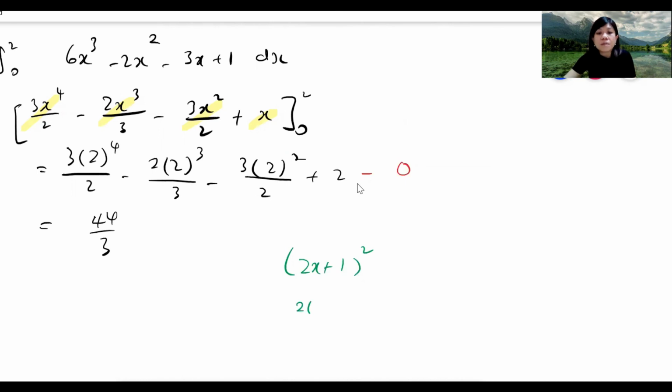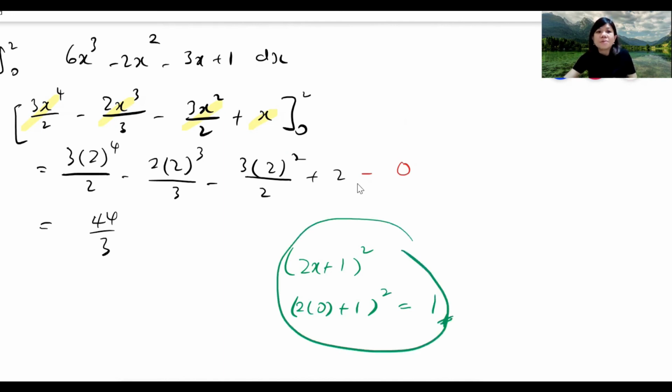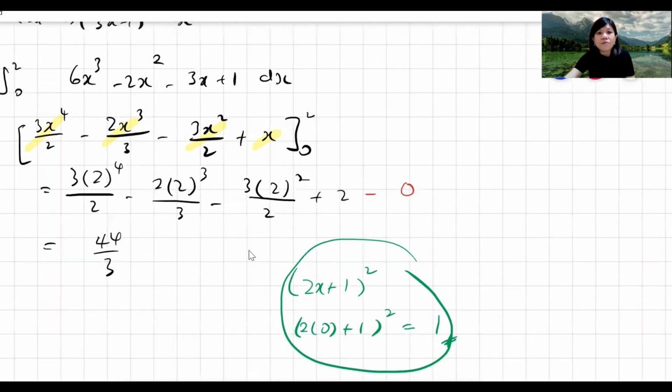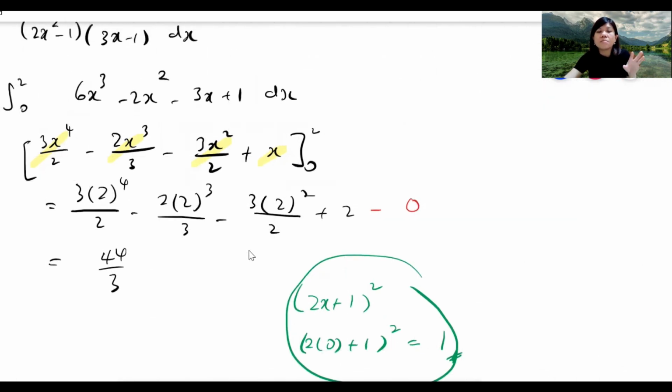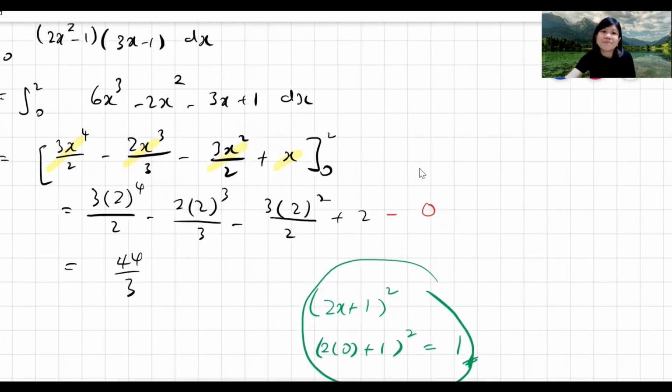So if you're gonna put in the 0 here, then it is actually not equal to 0 because 2 multiplied by 0 is 0, but when you plus it with 1, there's a 1. So 1 squared is actually 1. So you know what I mean? So if you have a 0 only for a function that has solely multiplication in its operation, then yes.